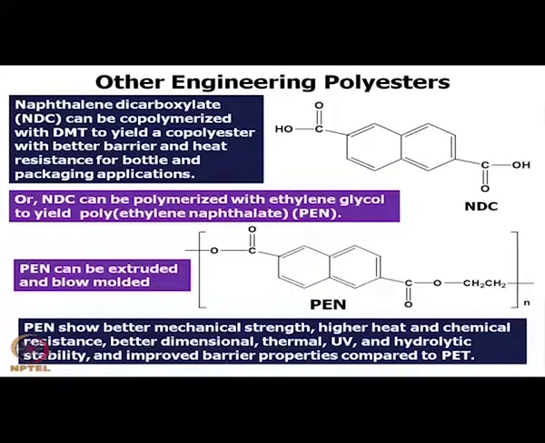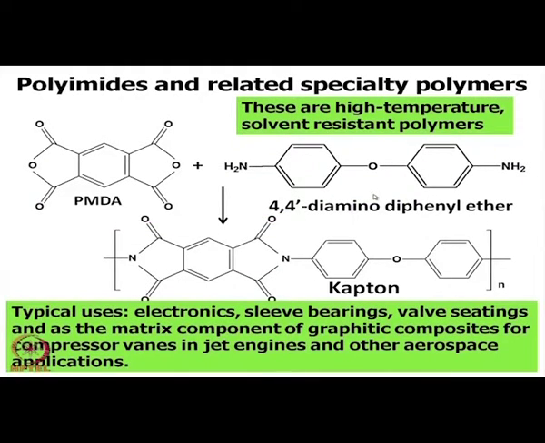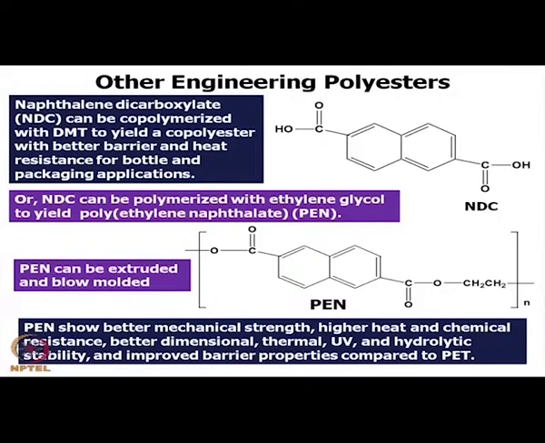Or this naphthalene dicarboxylate can also be polymerized with ethylene glycol to yield polyethylene naphthalate, PEN. So, we have seen PET is prepared by reaction of ethylene glycol with DMT or terephthalic acid.